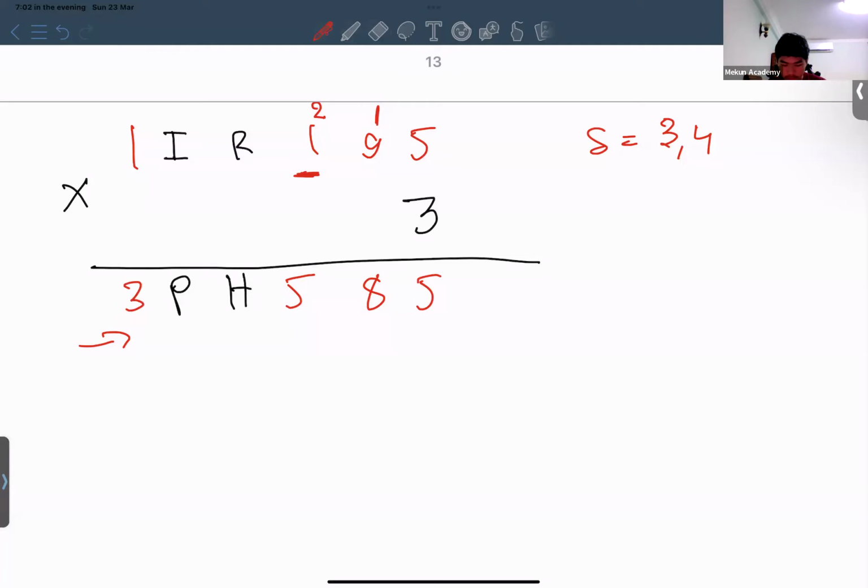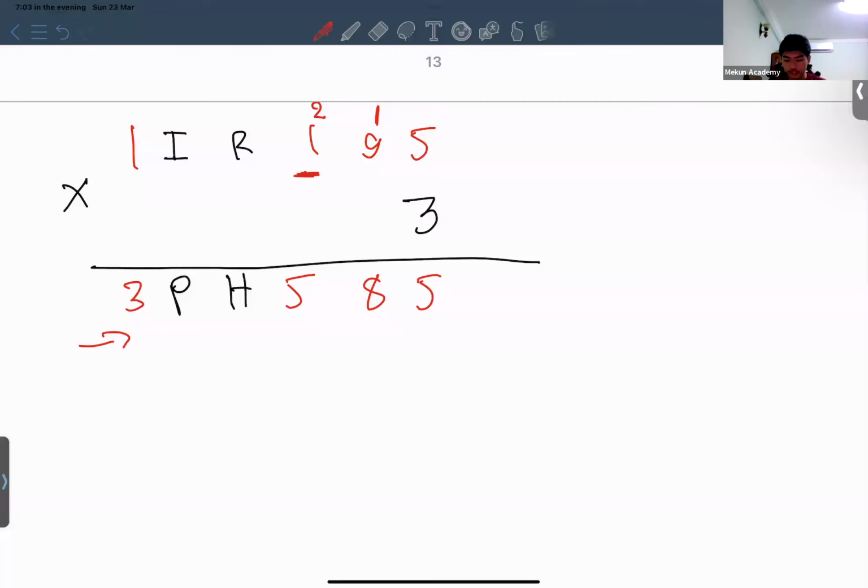There are only a few numbers left since we've used almost all the numbers already, so for now you can guess and check for the others: I, R, P and H. It could be 2, or 4, or something like that.